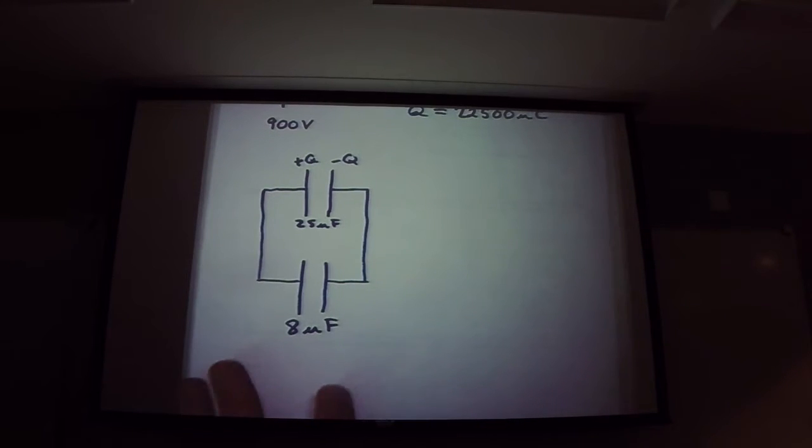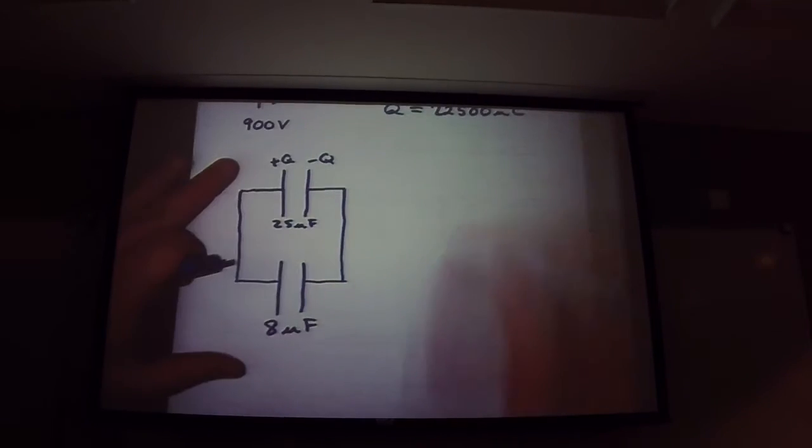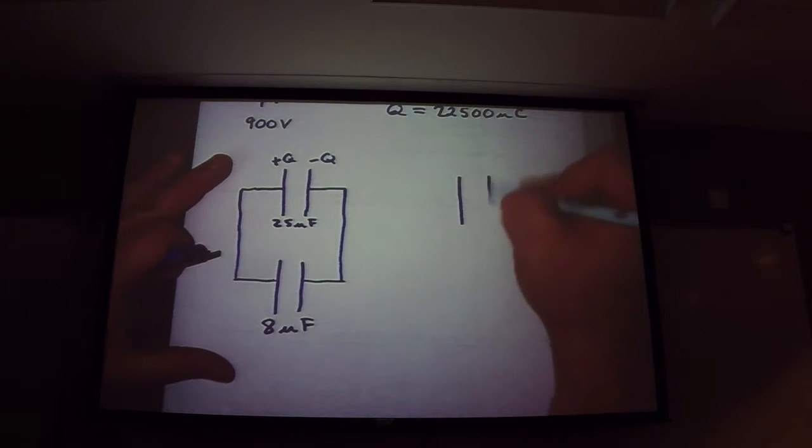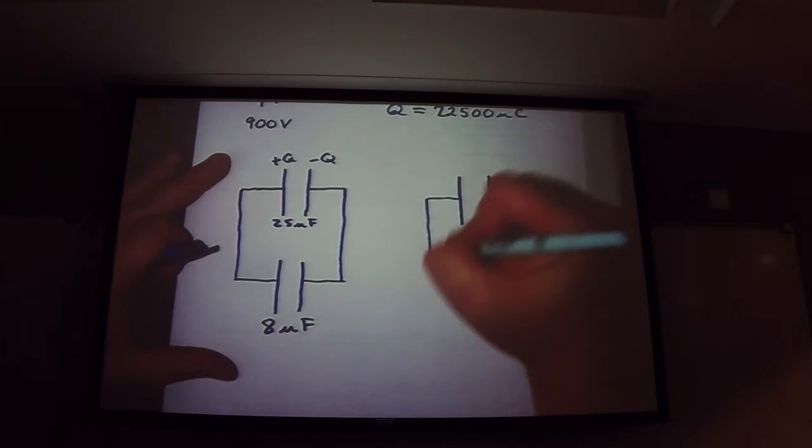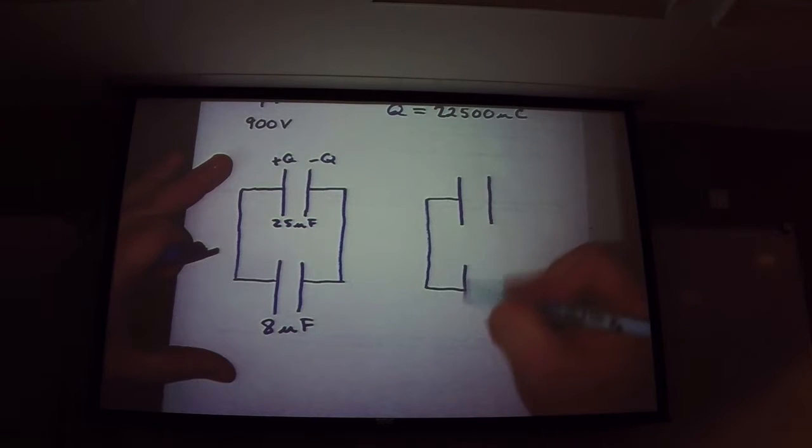So what we want to do now is use the principles involved for the redistributed charge. Let me draw a picture with it redistributed. So now I've got the 25 microfarad capacitor and an 8 microfarad capacitor.